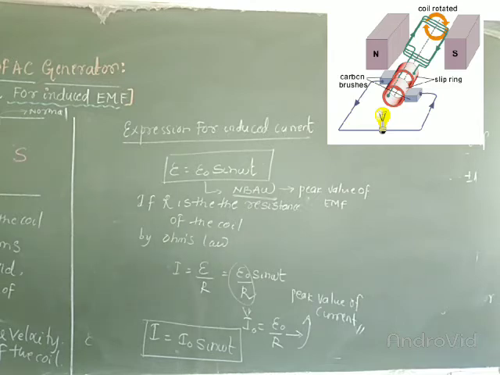Why do we call the induced current alternating current? Because the sine function value changes from +1 to -1, therefore the polarity of the induced EMF changes with respect to time, from plus to minus again, and the direction of the induced current also changes with time. Therefore this induced current is called the alternating current.